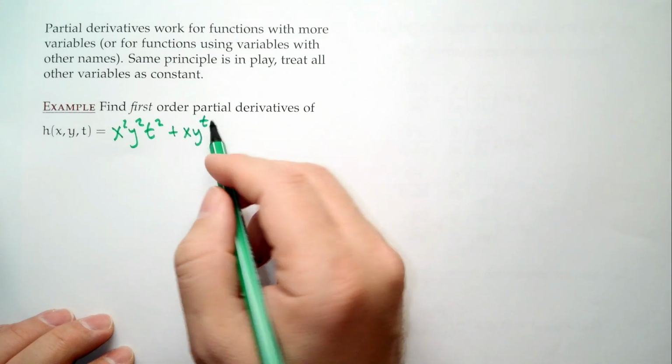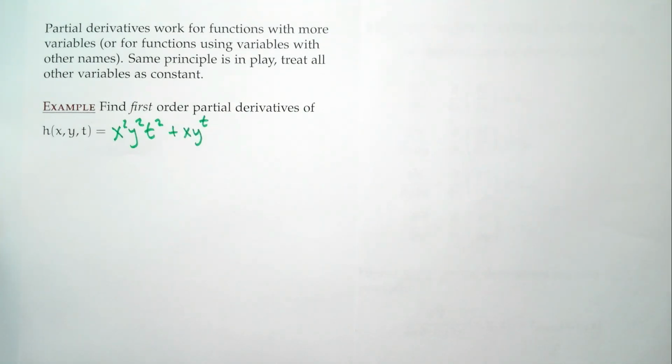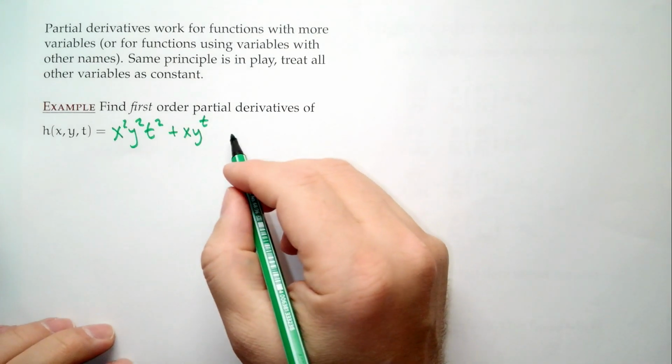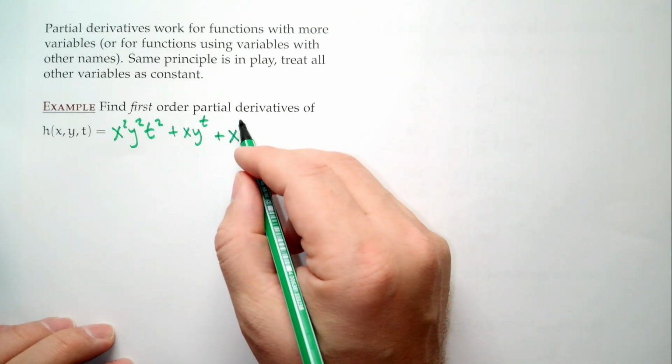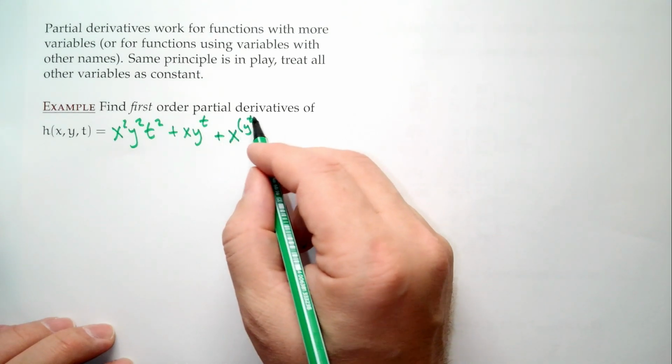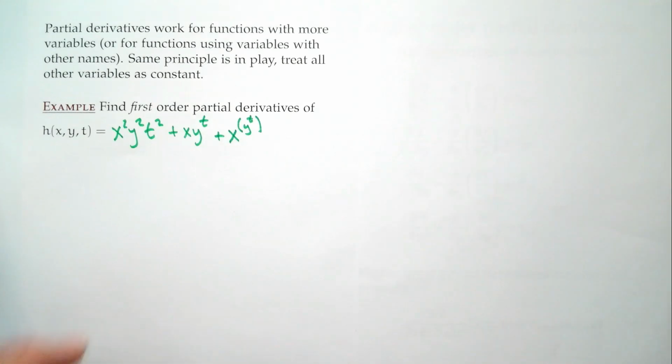All right. X to the y to the t. Now, to be clear, do you mean x to the power y to the power t, like that? Okay. You chose this life. I think that should be enough to confuse me.